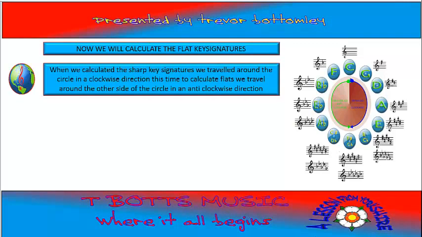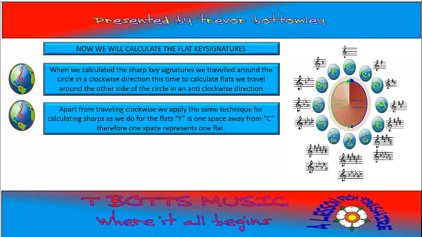Now we will calculate the flat key signatures. When we calculated the sharp key signatures, we travelled around the circle in a clockwise direction. This time, to calculate flats, we travel around the other side of the circle in an anti-clockwise direction. Apart from travelling anti-clockwise, we apply the same technique for calculating flats as we do for sharps.